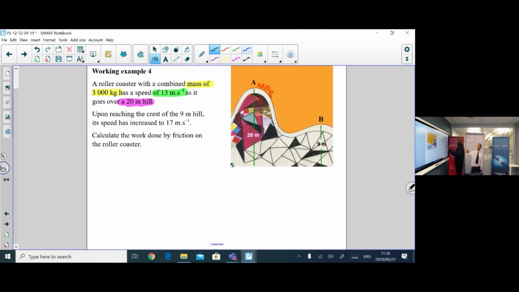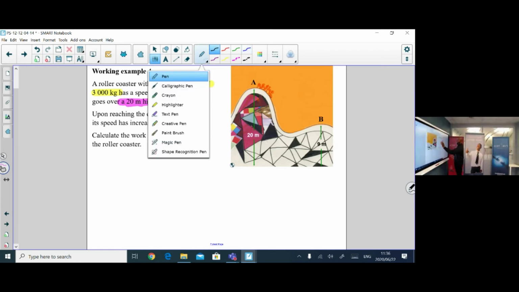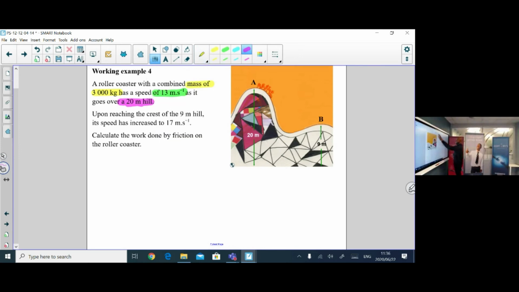Now let us carry on and check here. Upon reaching the crest of the hill, in other words, from A to B, this is your crest there. We have this height that is given there. We also have this speed.